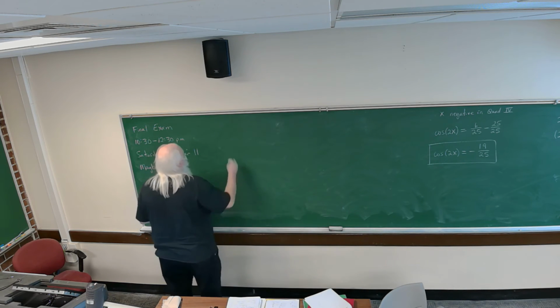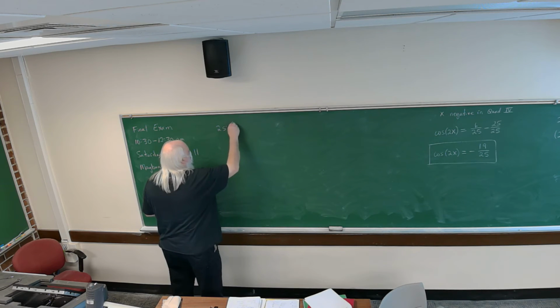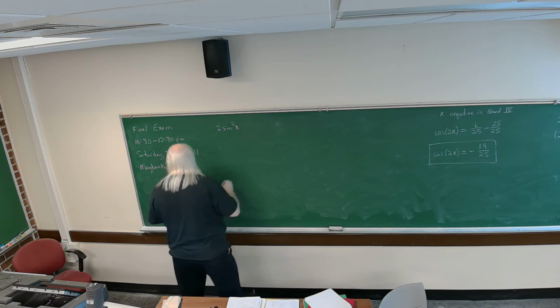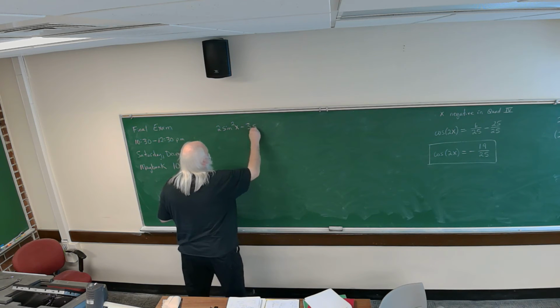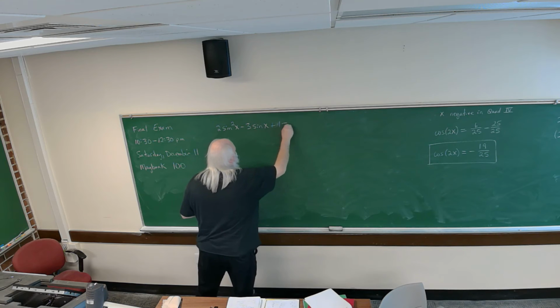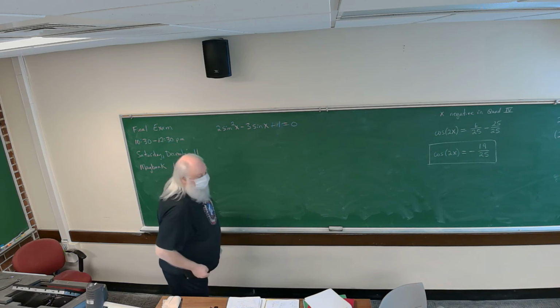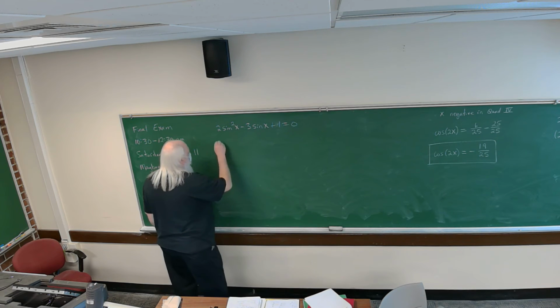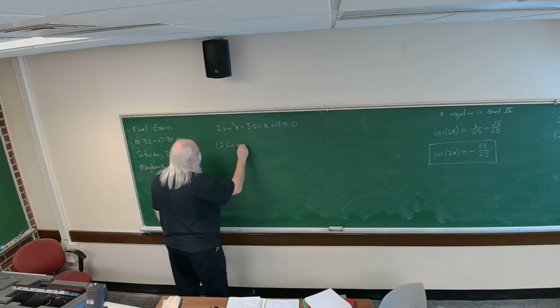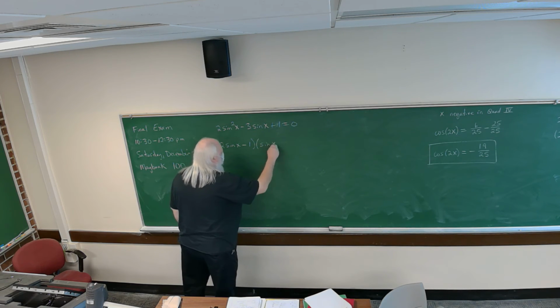So we have 2 times the sine of x squared minus 3 times the sine of x plus 1 is equal to 0. Following what I wrote on the board, this factors into 2 times the sine of x minus 1 times the sine of x minus 1.